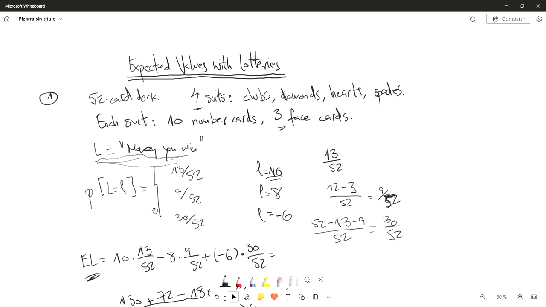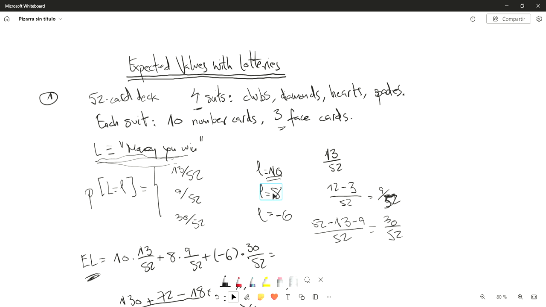Now, what we want to find out is the expected value, and the expected value is the mean. The mean for a variable will be, as you can tell, in this particular case, 10, so the value of the variable times the probability.